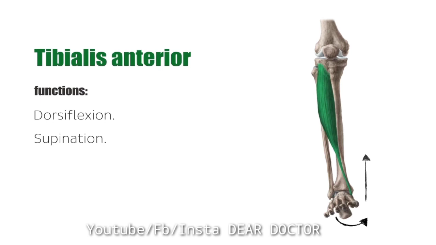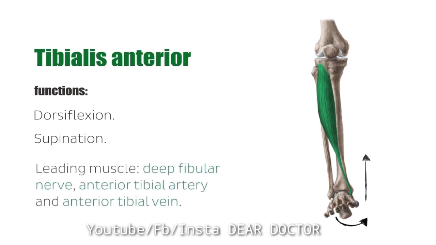This is achieved because the tendon of the muscle goes below the foot and pulls up at the medial cuneiform bone. And since we're talking about the different functions associated with the tibialis anterior, it is important to mention that this muscle also serves as the leading muscle for the supplying structures of the ankle, which include the deep fibular nerve, anterior tibial artery, and the anterior tibial vein.